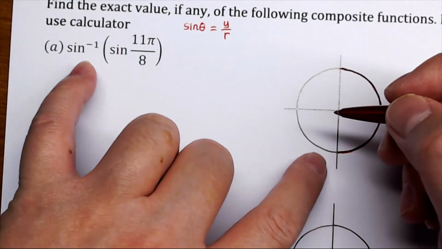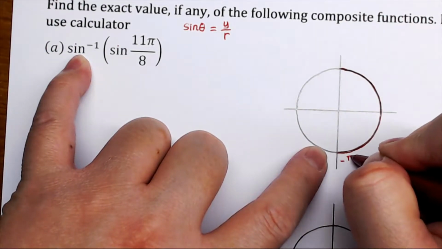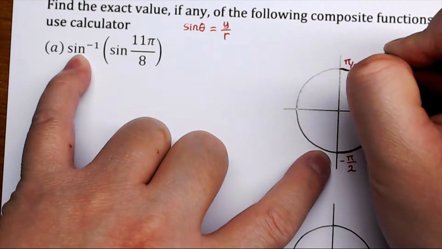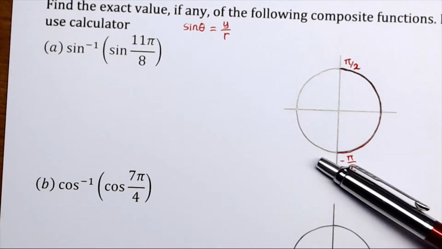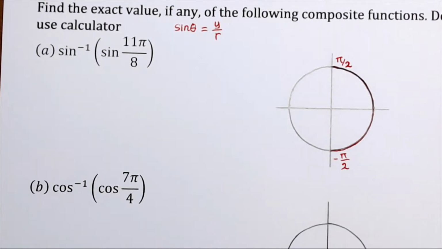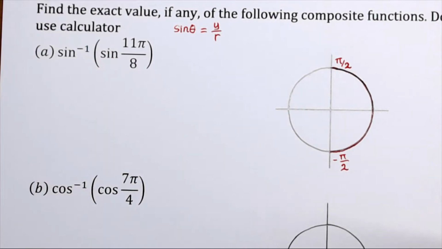Negative 3 squared, negative 4 squared, so that is 9 and 16. So 25 is r squared. So r is equal to plus or minus square root of 25, or plus or minus 5.